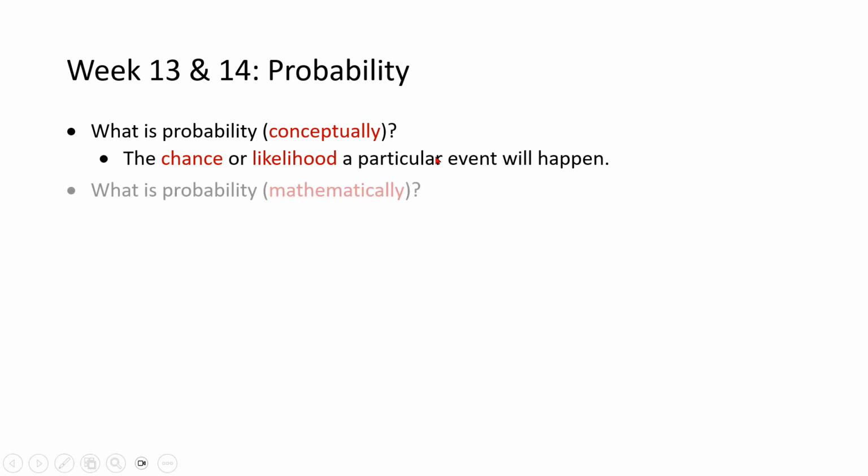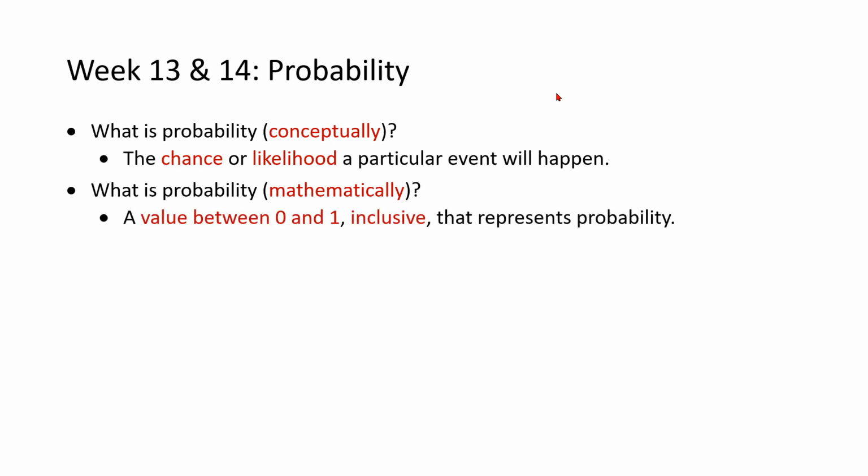The other way that we can think about probability is mathematically. Probability is a calculation that the result is going to fall between 0 and 1, meaning I'm going to come up with a decimal value, likely, that is going to indicate what we would refer to as the probability.